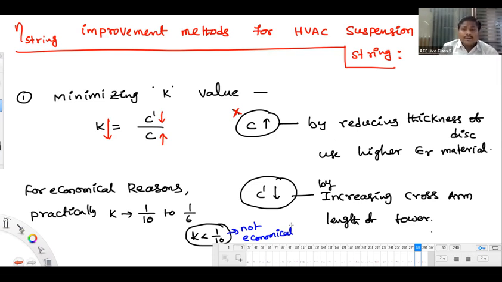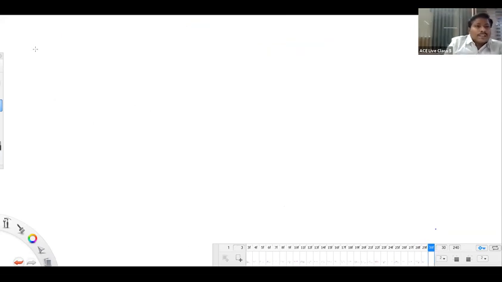Okay, done. Next, we have two other methods of improving the string efficiency. Second and third methods. Let me list them out here. The second method to improve the string efficiency is the capacitance grading technique.